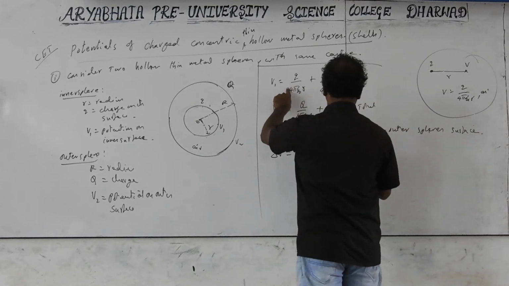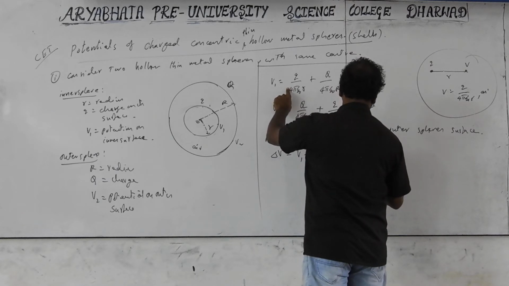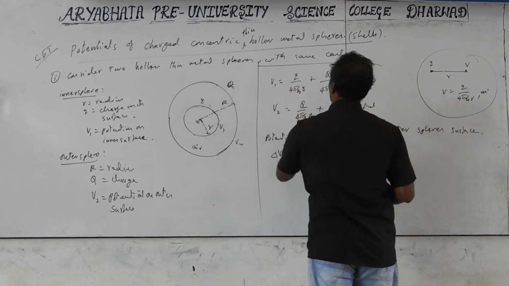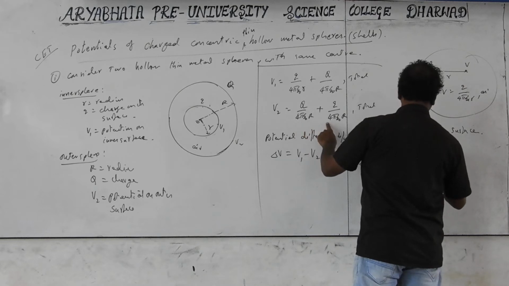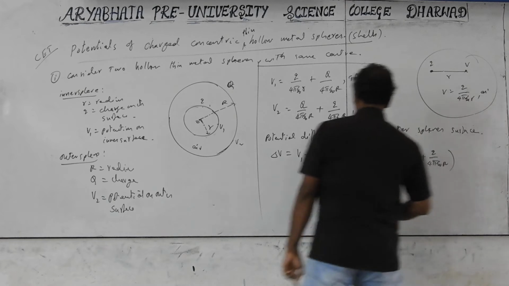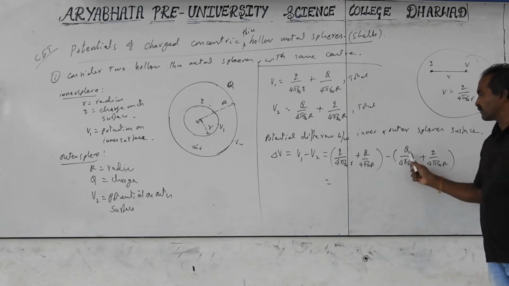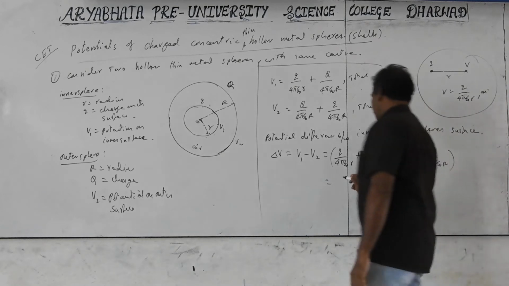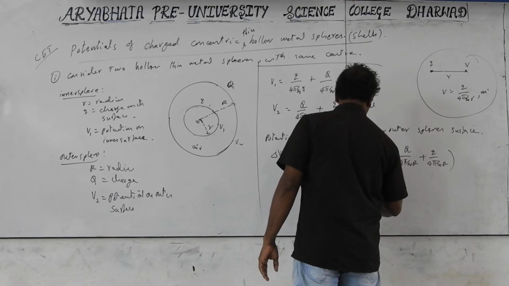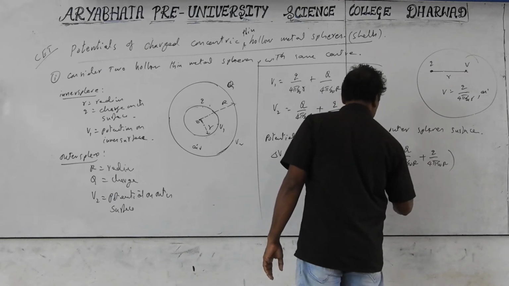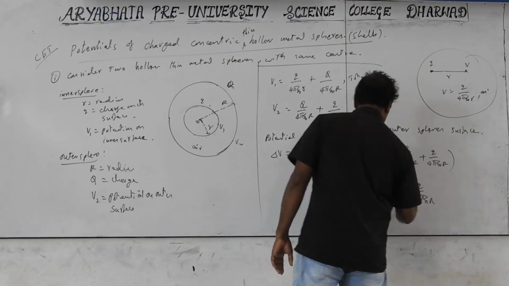That means Q by 4 pi epsilon naught into small r plus Q by 4 pi epsilon naught into capital R, minus V2, which is capital Q by 4 pi epsilon naught into capital R plus small q by 4 pi epsilon naught into capital R. In this part, taking the minus inside the brackets, minus q by 4 pi epsilon naught capital R, plus q by 4 pi epsilon naught r, minus q by 4 pi epsilon naught capital R. The capital Q part will be cancelled.